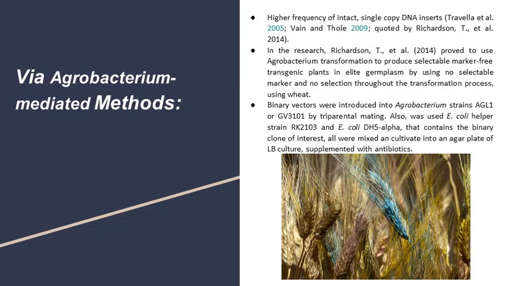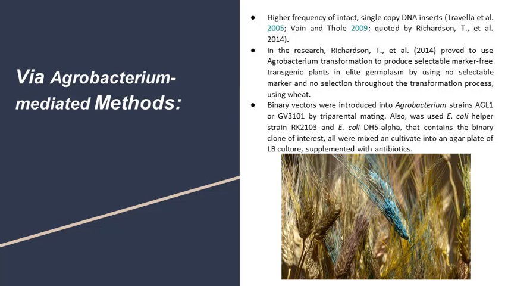For transformation, seeds of each cultivar were harvested and surface sterilized. The embryos were removed from the seeds and then co-cultivated with agrobacterium strains that contain binary constructs of interest for 2 days on WLS AS medium in the dark.